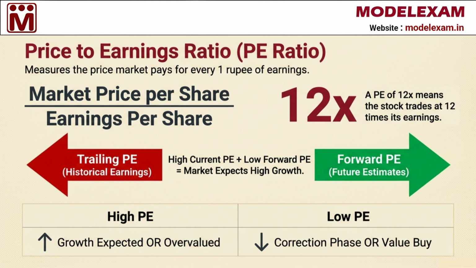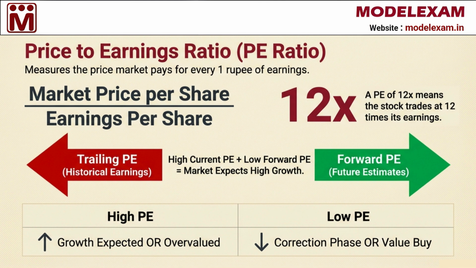One of the most common valuation metrics is the price to earnings ratio or PE ratio. This measures the price the market is willing to pay for every 1 rupee of earnings. The formula is simply the market price per share divided by the earnings per share. If a stock has a PE of 12x, it means it trades at 12 times its earnings.